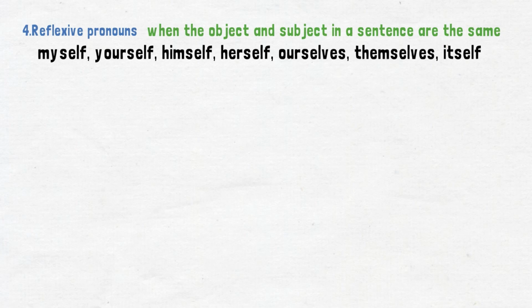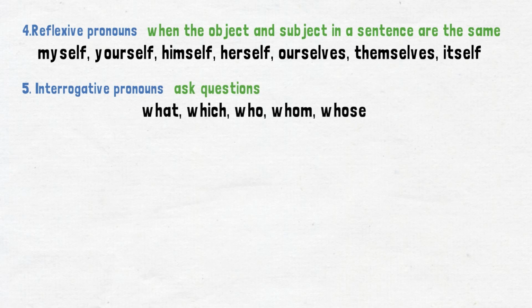Reflexive pronouns are used when the object and subject in a sentence are the same. They are myself, yourself, himself, herself, ourselves, themselves, and itself. Interrogative pronouns are used to ask questions. They are what, which, who, whom, and whose.